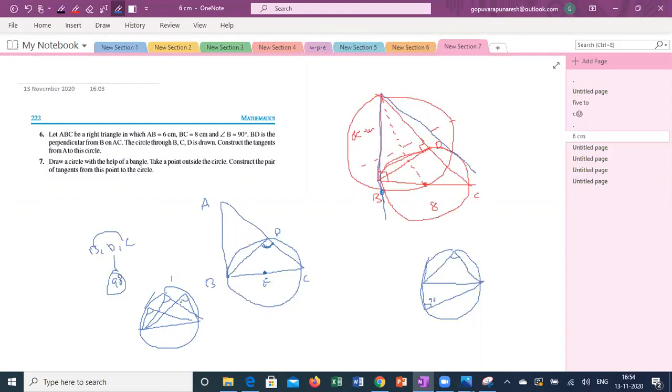So using that, here D is a right angle, so ultimately BC is the diameter. Take the midpoint of BC and draw the circle. Once you have the main circle, from A you have to draw the tangents to that circle.